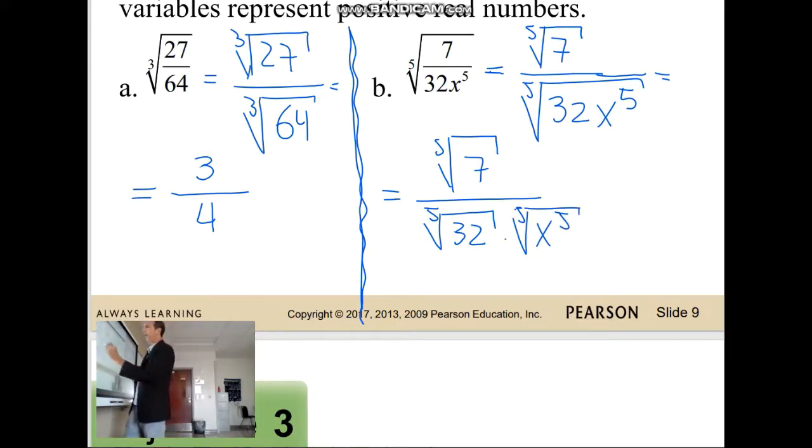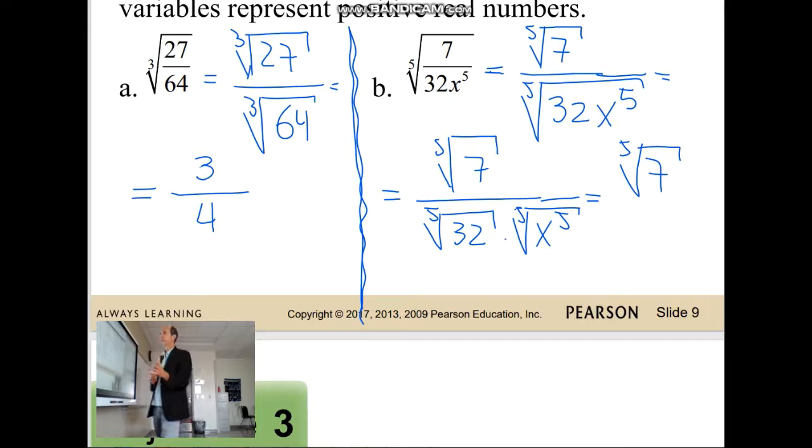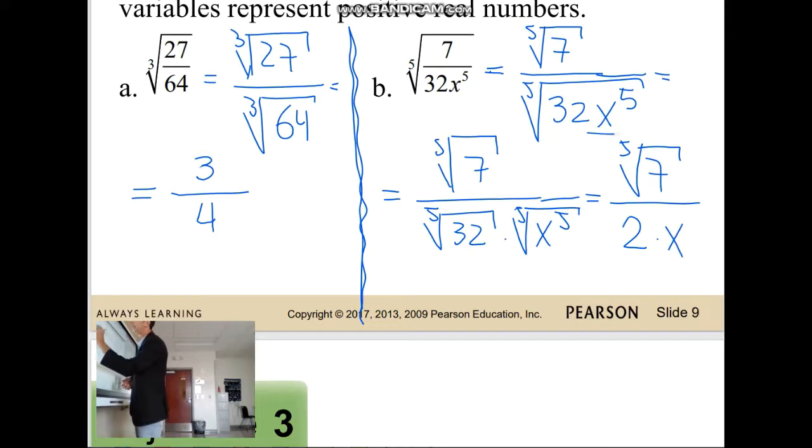And we know the fifth root of 32 is going to be 2, right? 2 times 2, 4, times 2, 8, times 2, 16, times 2, 32. So this is equal to 2 times the fifth root of x to the exponent 5, which is x. So this is the simplification, this is the result.